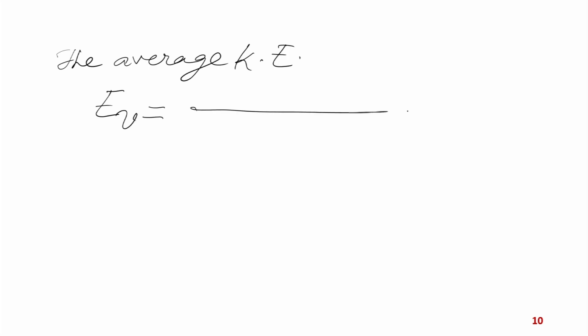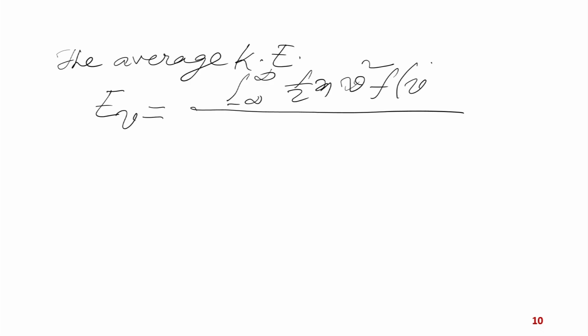Again we use the same expression: the integral from minus infinity to plus infinity of half m v square f(v) dv, divided by the integral from minus infinity to plus infinity of f(v) dv.